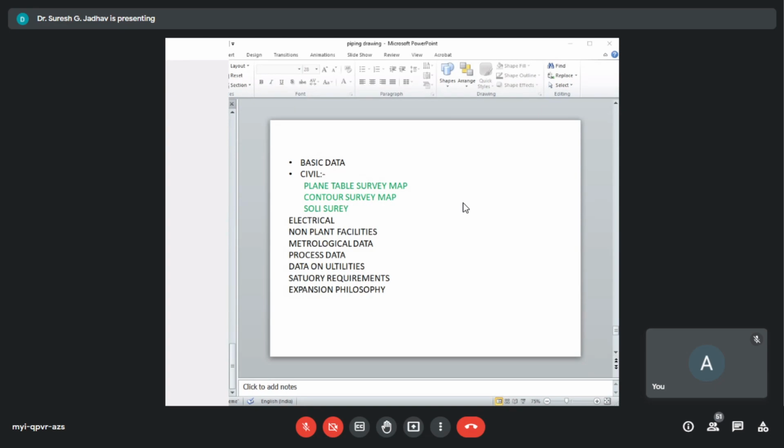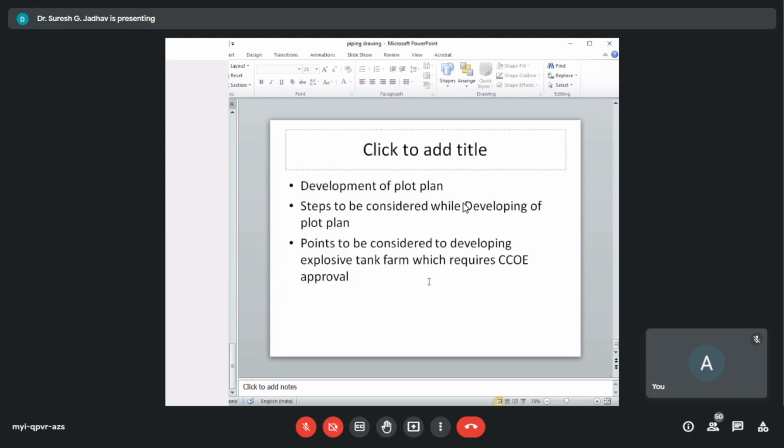The expansion could be segregated as near future expansion and far future expansion, and both should be reflected in the overall plot plans. Now, next is development of plot plans based on the data collected.